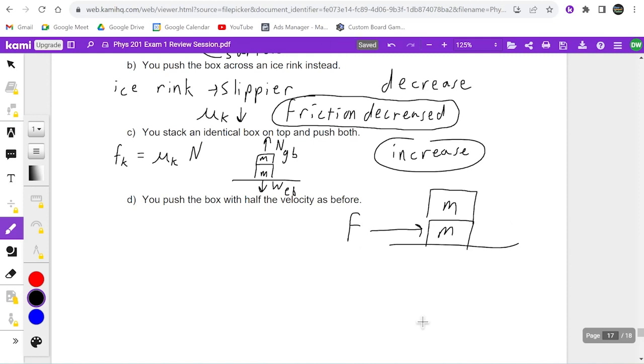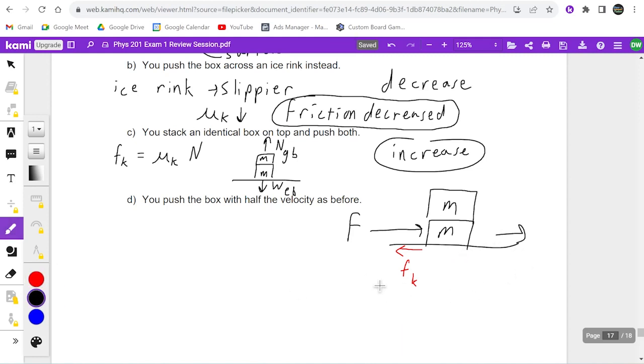What I'm trying to say is this is not part D, I'm still in part C. But which way will friction point for each box? I will tell you. Friction will point to the left for the bottom box, and that's kinetic friction, because it's opposing motion. The motion pointing to the right, the friction pointing to the left.